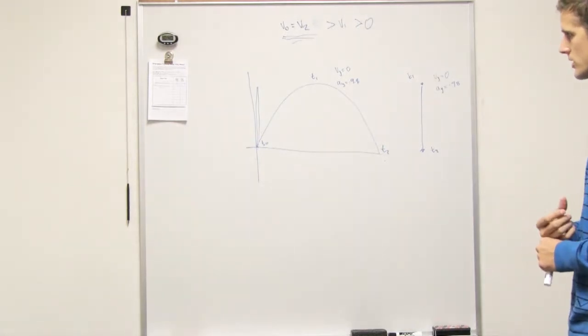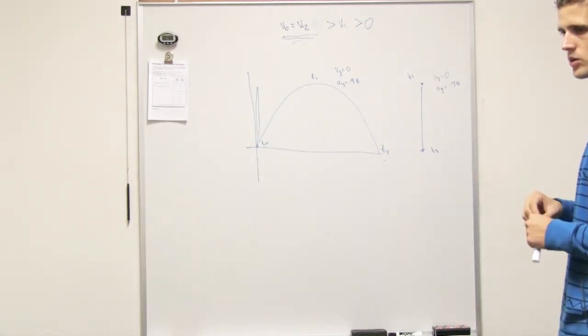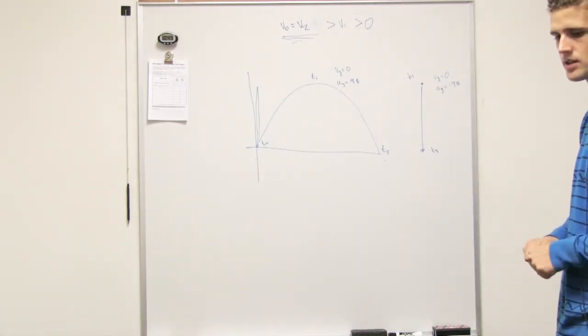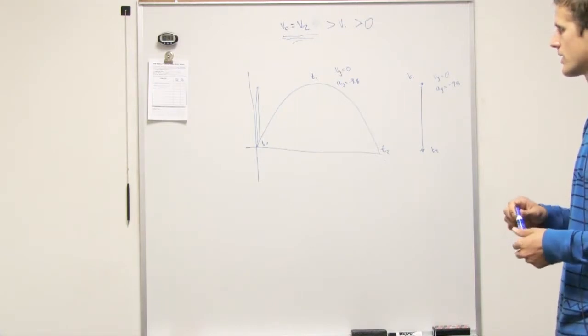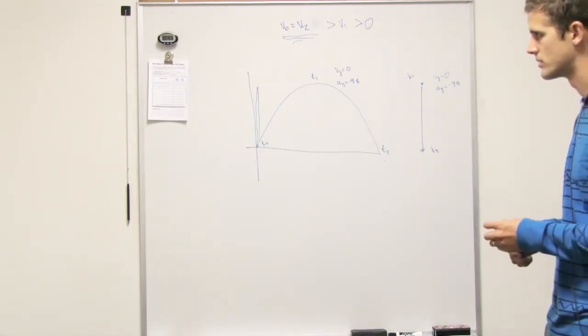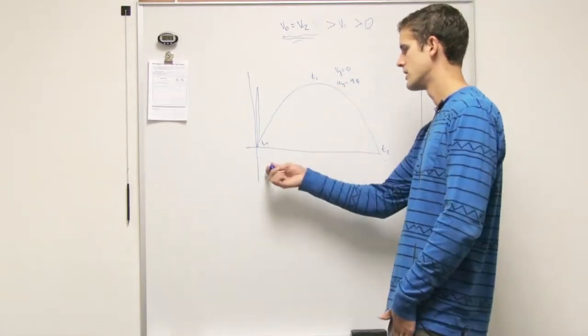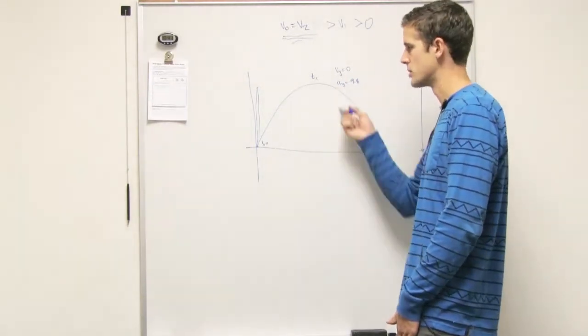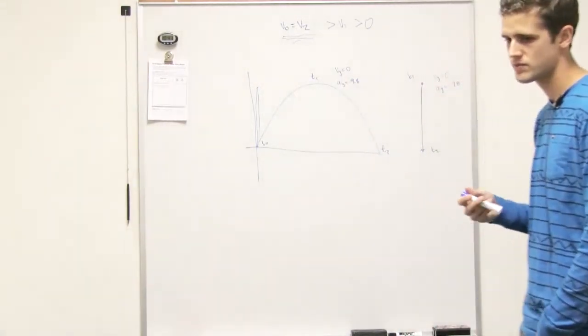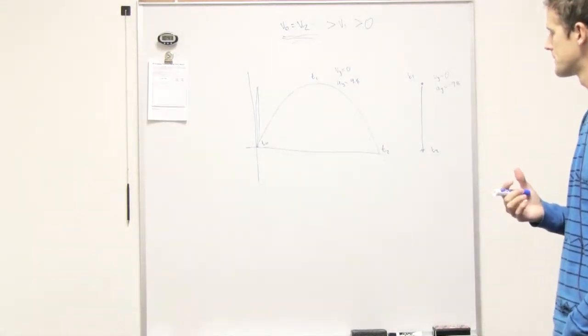That's kind of why we can look at X and Y totally separate from each other, because they don't affect one another. So when we're doing kinematic equations, we can do stuff in the X direction and then do some in the Y, and then figure it out from there. Okay.